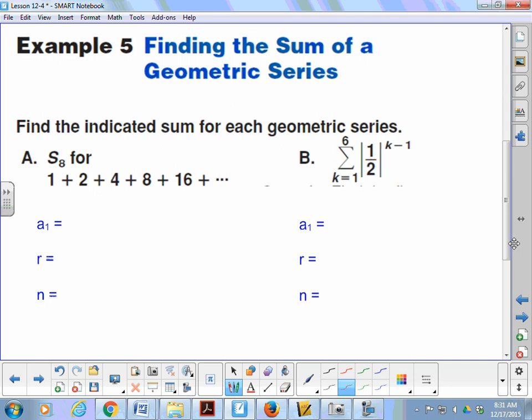So in this case, a sub 1 is 1. And what's happening from one number to the next? Okay, we're doubling. So r is 2. 2 divided by 1 is 2. 4 divided by 2 is 2. 8 divided by 4 is 2. Okay? And they tell us they want us to find the sum of the first 8 terms, so n is 8.